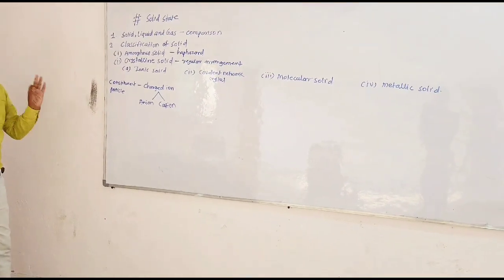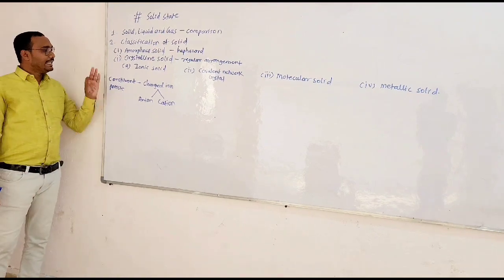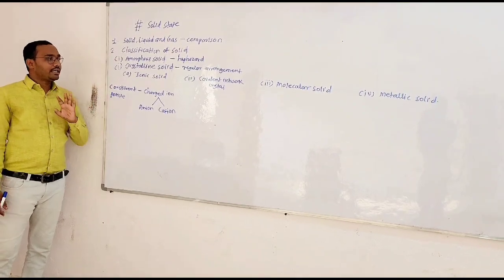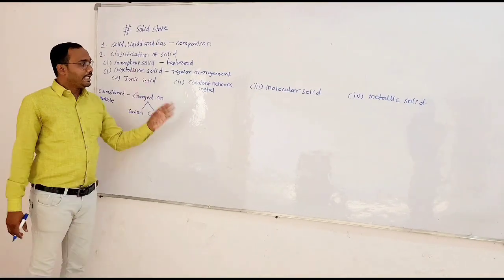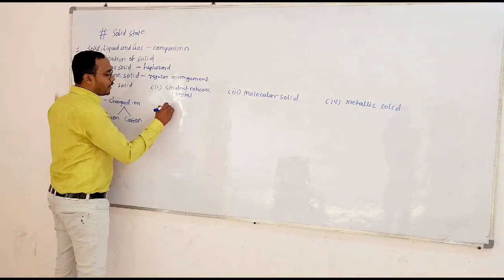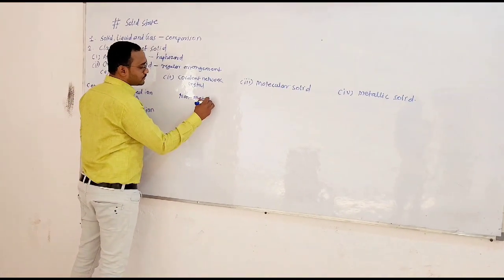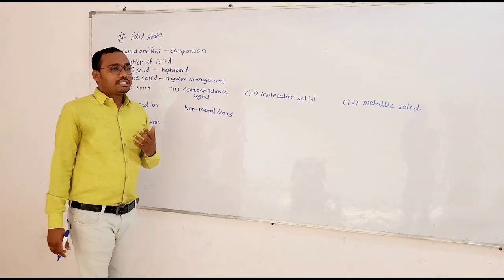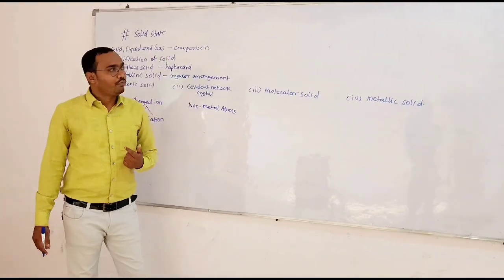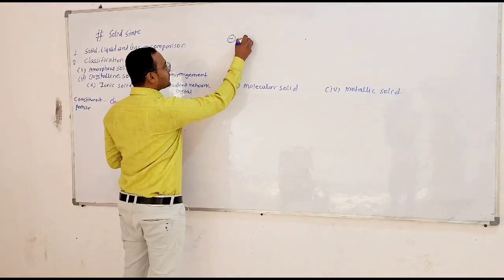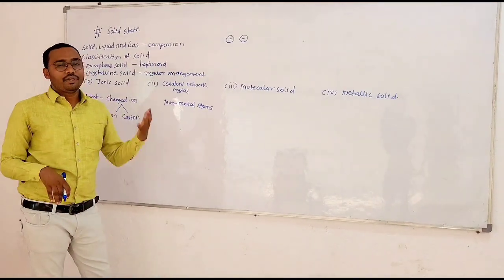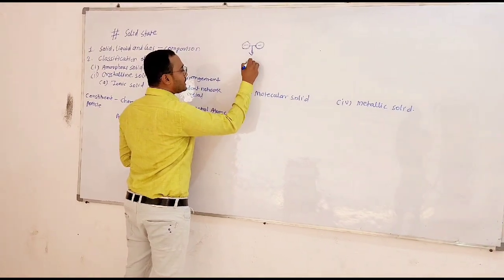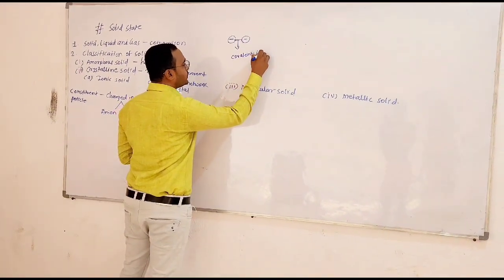So the first important point is that ionic solids have charged ions. In a covalent neutral crystal, there are non-metal atoms. In the 11th standard we studied the chapter on chemical bonding. We know that whenever there is bonding between electronegative atoms, the bond is a covalent bond.